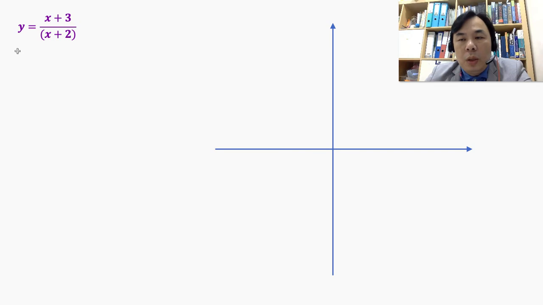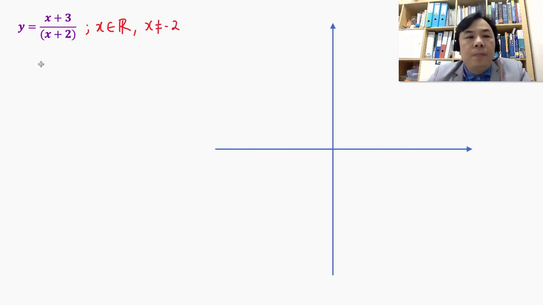I'm going to go through the guideline again. So the first one, we're going to assume that the domain is all real numbers, of course, except x equal to -2. And then next, any x and y intercept. That is very obvious in this case.